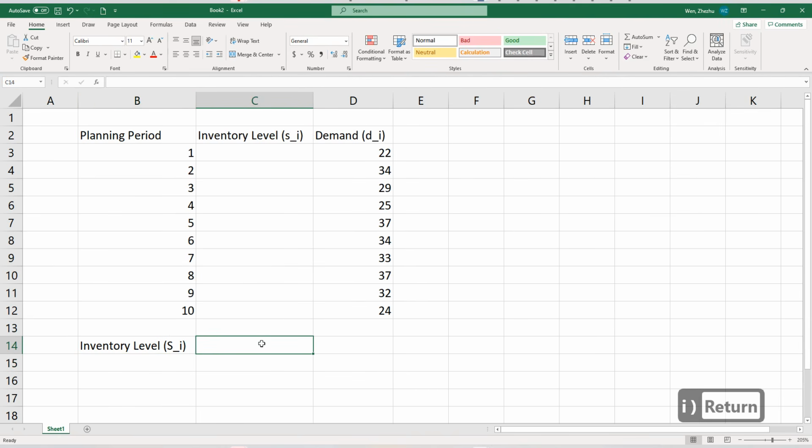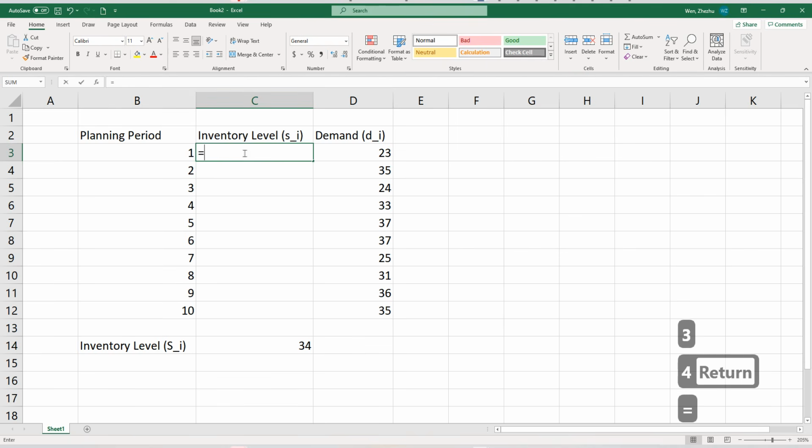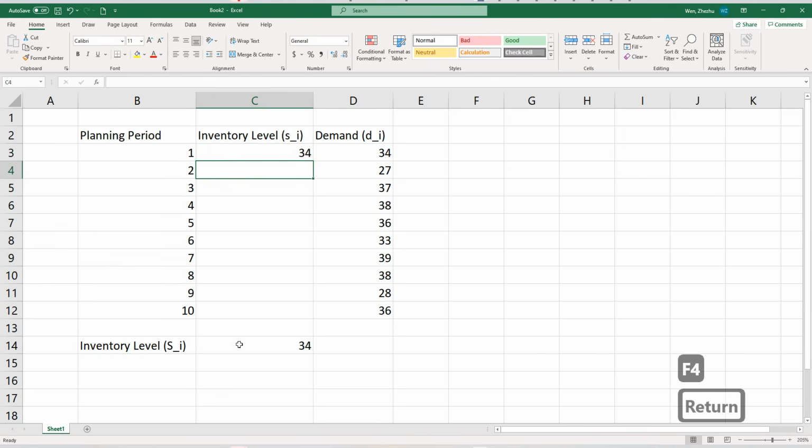This number here is going to be a constant number, in the sense that all the planning periods are going to use 34 as their inventory level.